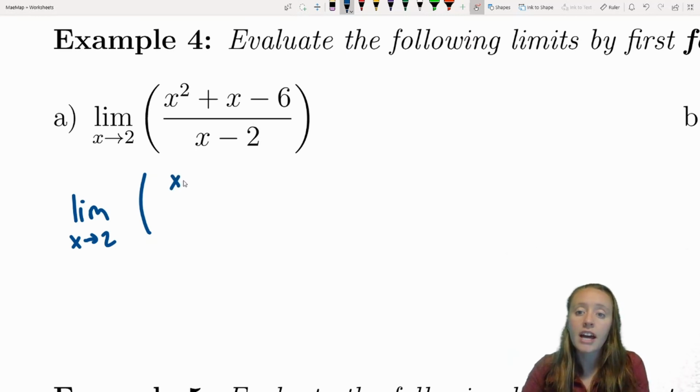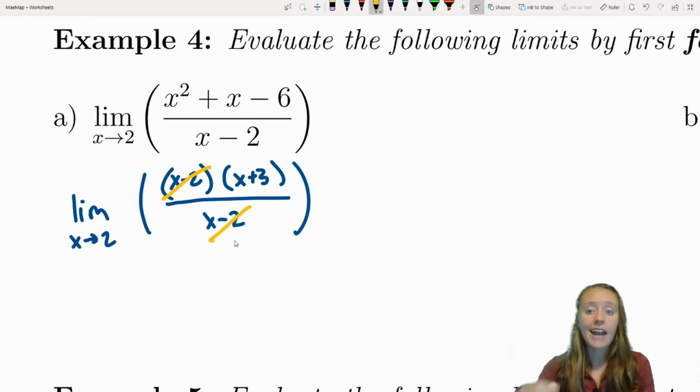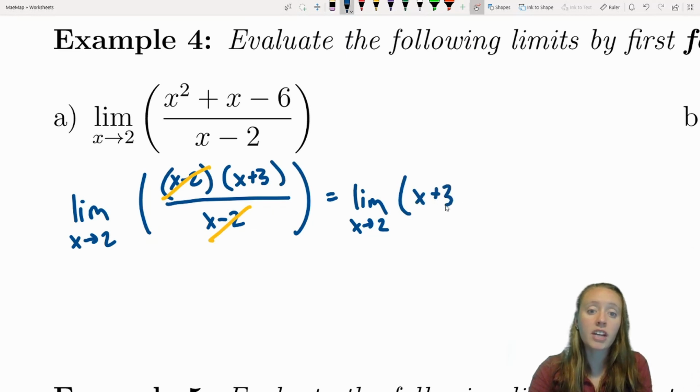So I'm going to have x minus 2 times x plus 3 in my numerator, and in my denominator, I still have that x minus 2. But look what happens. If we simplify this down, because x minus 2 is multiplied by everything in my numerator, I can cancel out x minus 2 in both my numerator and denominator, so I'm left with the limit as x approaches 2 of x plus 3.